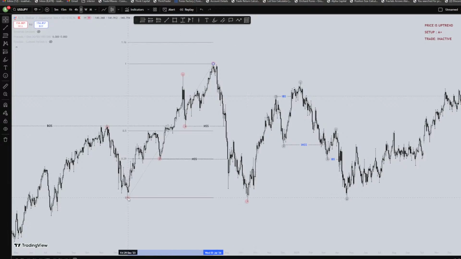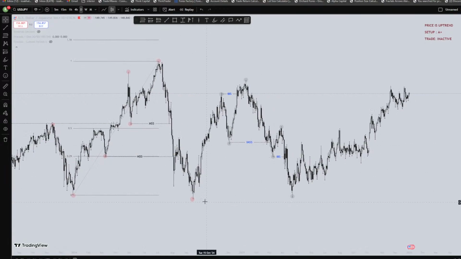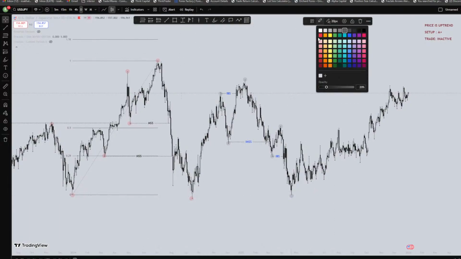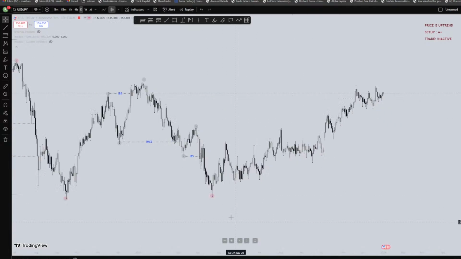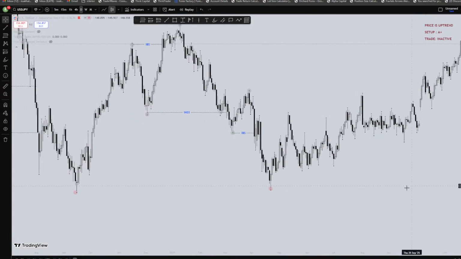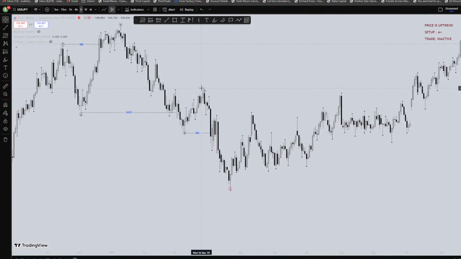Sort of like this, yeah. So this is a swing point, this is also a swing point, a major swing point right there, and now we have LBS. So here we have a fractal.